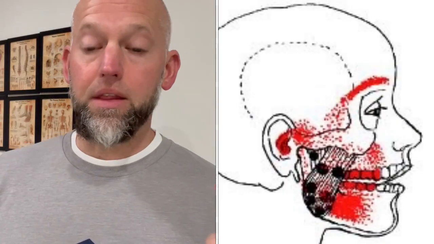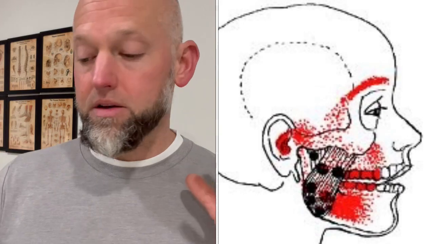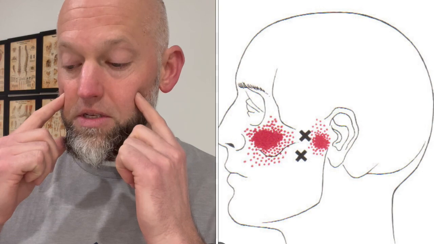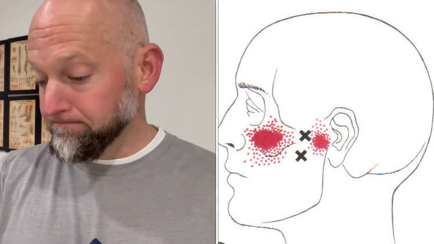So then in this one, they're showing trigger points in the masseter, and again, where's that trigger point refer pain to? And then the next one here, the pterygoid, kind of refers some pain forward towards your cheekbone. And then we've got the temporalis, which is really interesting.